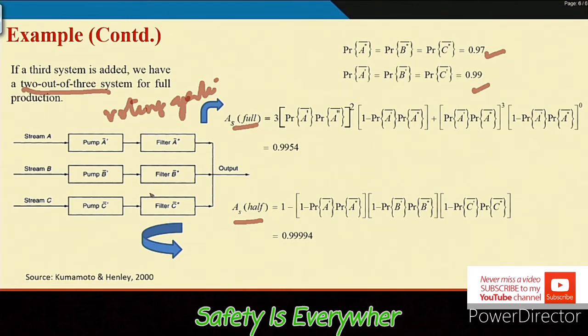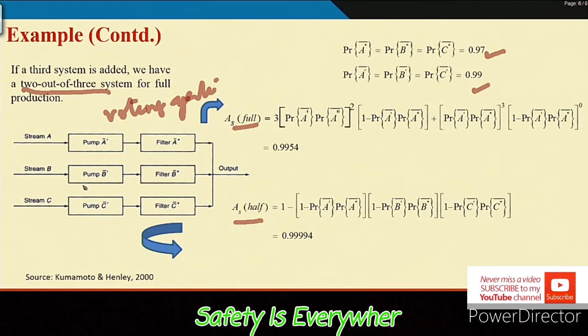So now we use the binomial theorem that you have seen in the last class. Here the stream A availability, stream B availability and stream C availability are the same, so their unavailability is also the same. Because of this assumption, we have three different streams, each stream having equal probability of availability or unavailability.